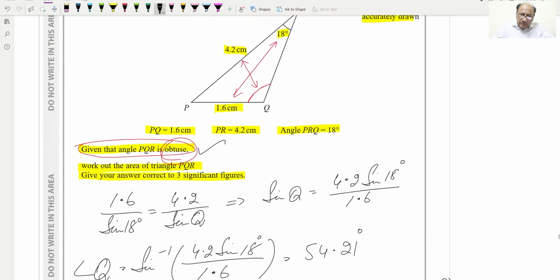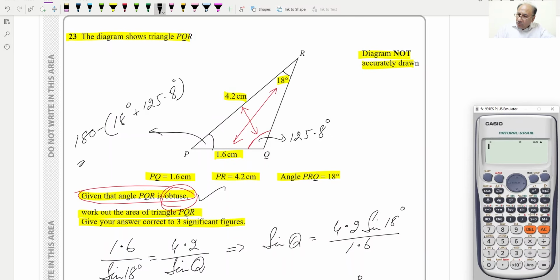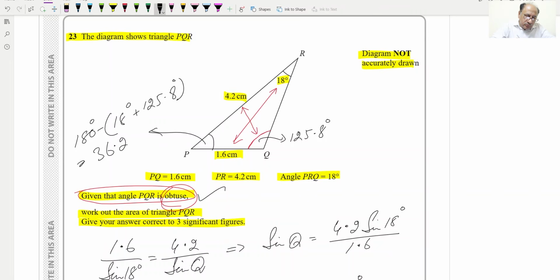Now after finding this angle, which is 125.8 degrees, we can find this third angle, which is basically 180 minus the other two angles, so 18 plus 125.8 degrees. This will be equal to 180 degrees minus, in brackets, 18 plus 125.8, and this is equal to 36.2 degrees.